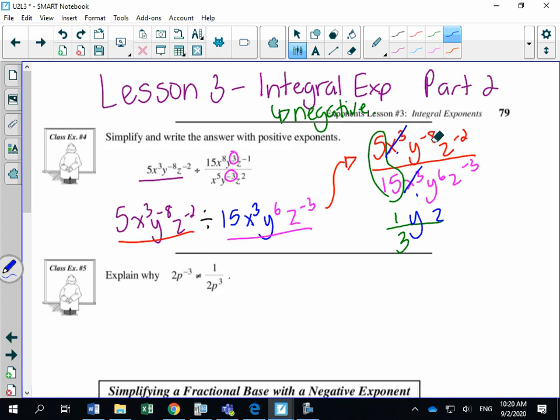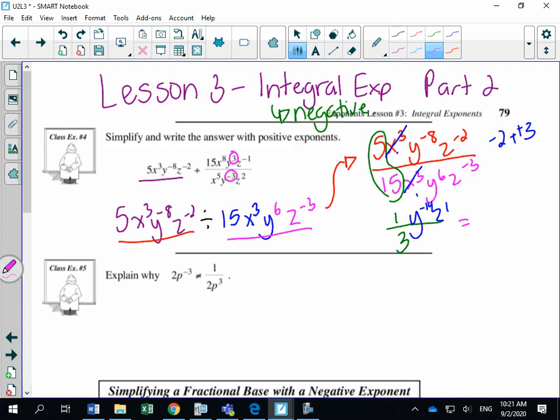So negative 8 minus 6 is negative 14. And for my z's, I have negative 2 minus negative 3. So that's negative 2 plus 3, which is z to the 1.